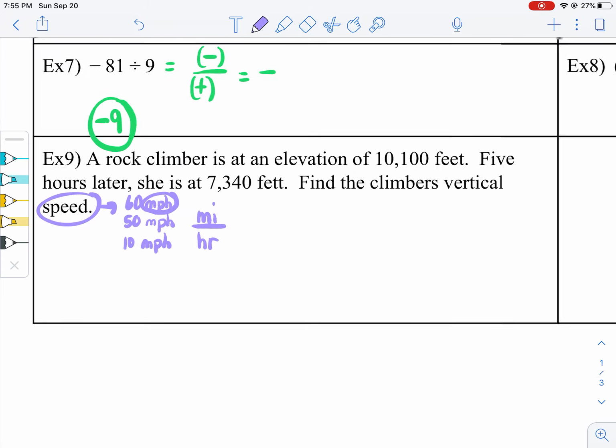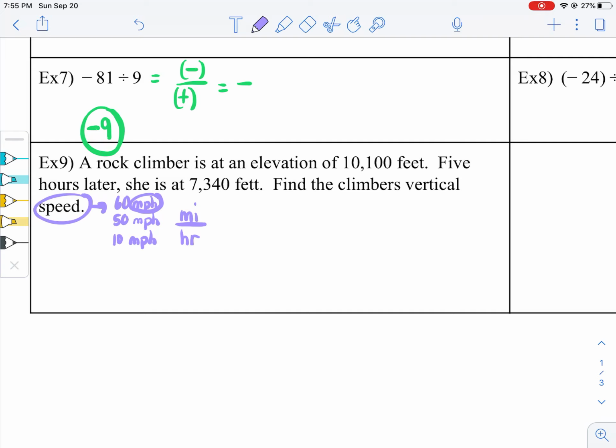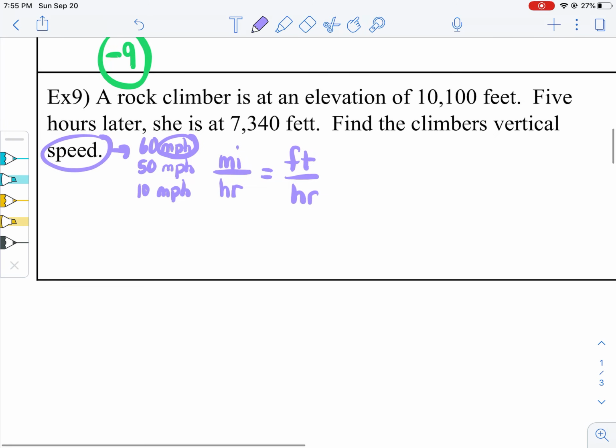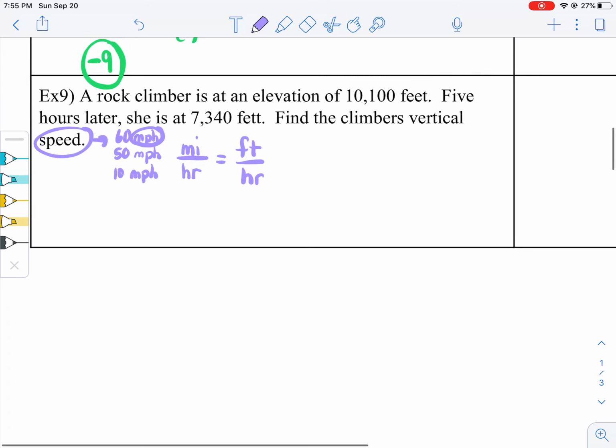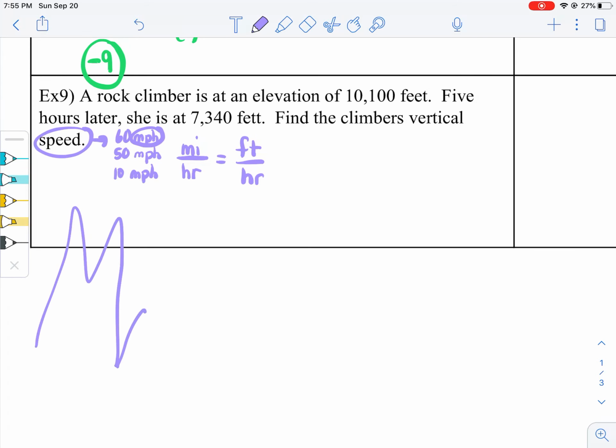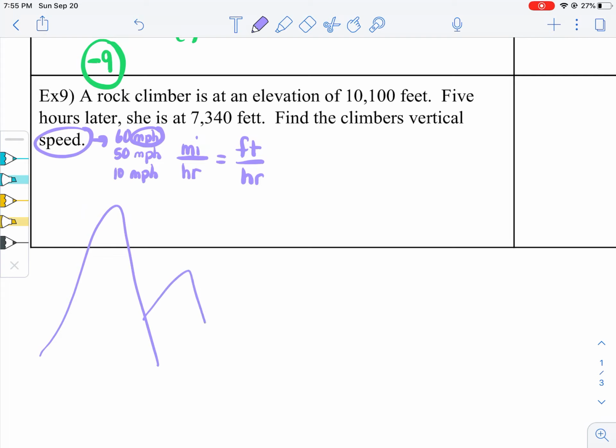Okay. So here we want to know her speed, but she's not going miles, right? She's going feet. So in this case, we have feet per hour. And that's okay. It's still a speed in a different unit. So we want to know how much she did in that 5 hours. So she's on a mountain, right?